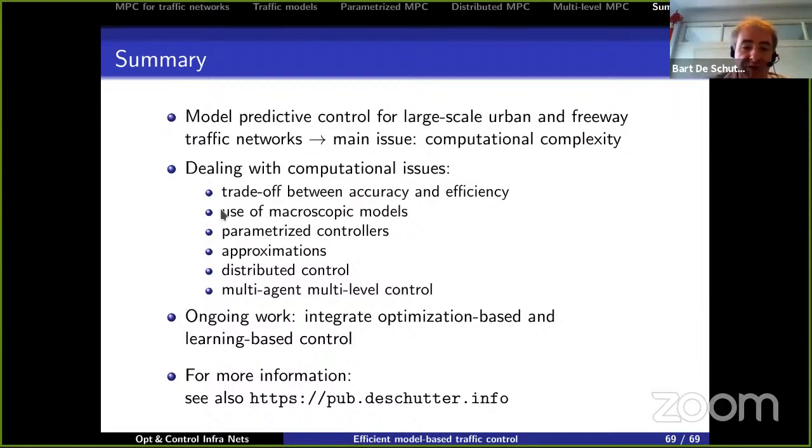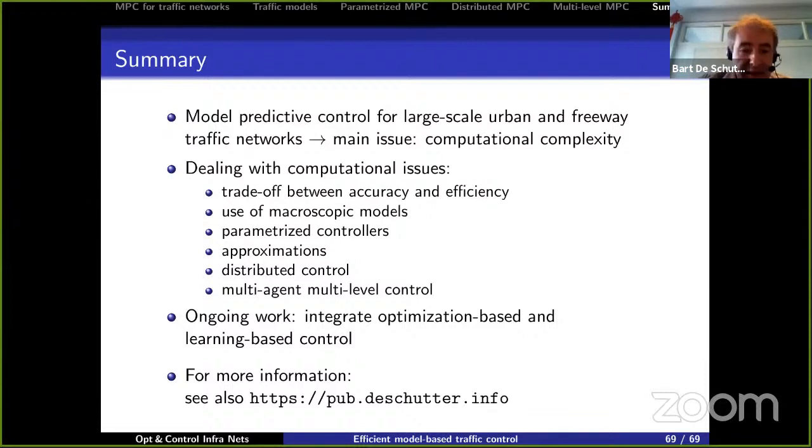And some of the solutions that we have discussed were the use of macroscopic models, also to parameterize your controller, to approximate your original problem by a simpler problem, and for really large-scale networks to either go for distributed control or for multi-agent control. And actually, a lot of our ongoing work is to keep on extending these approaches.